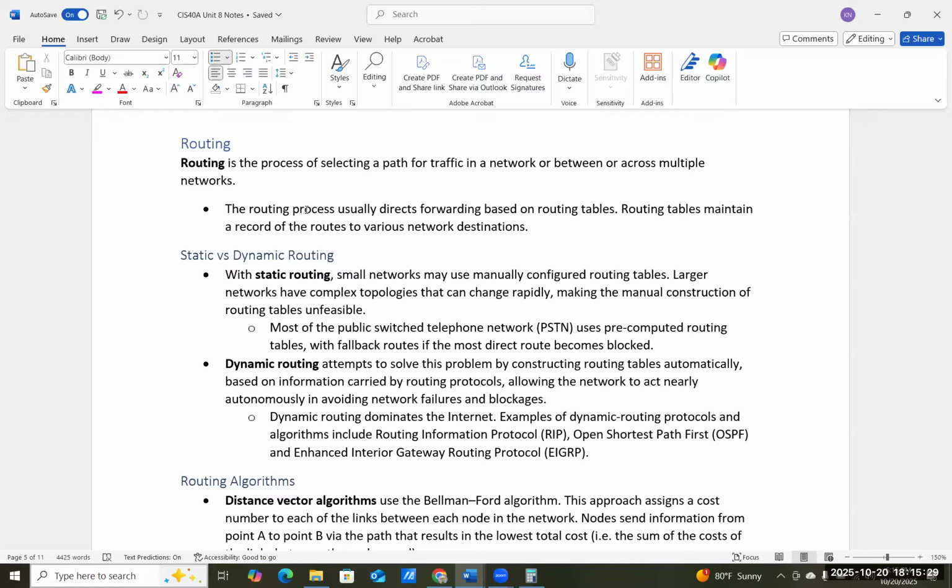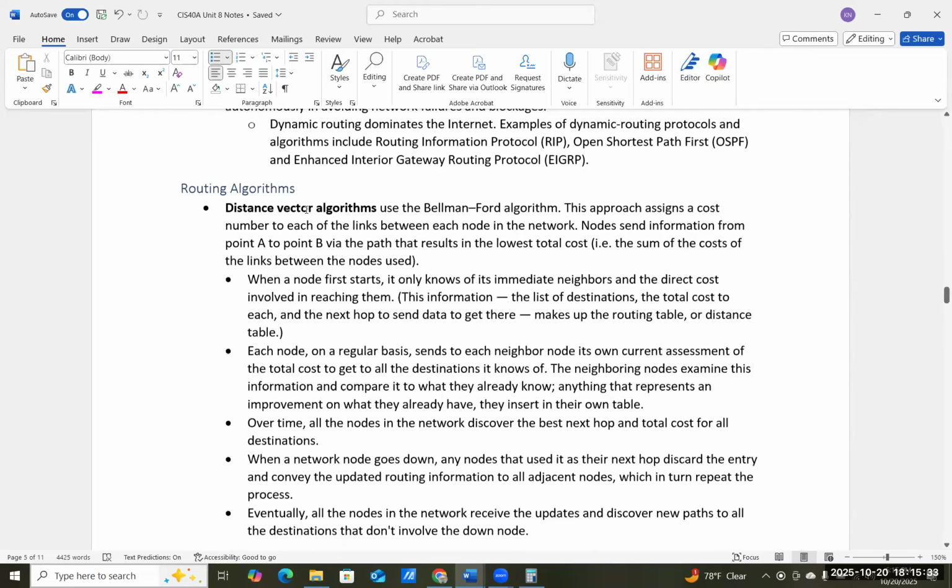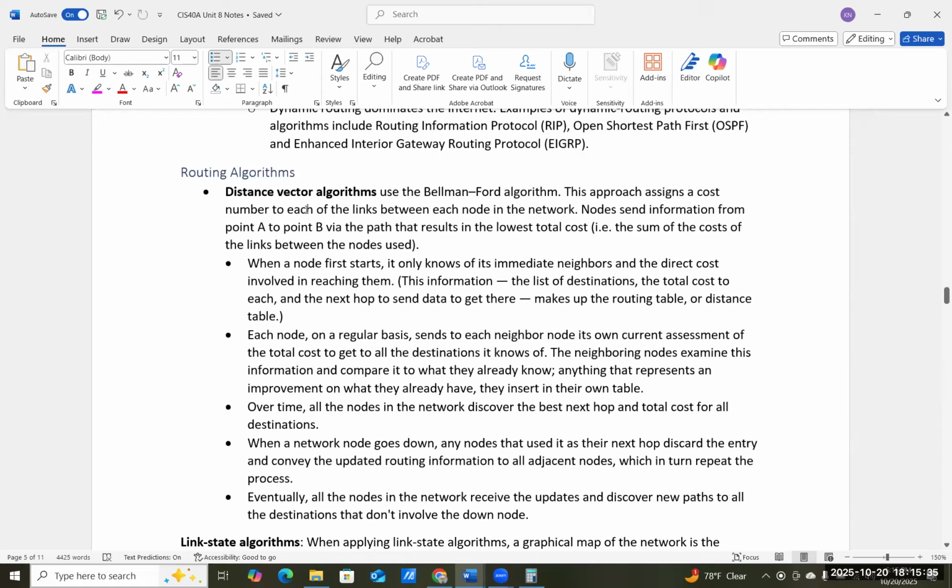Okay? So let's talk about distance vector, which is for the next question. So the distance vector algorithm, this is also known as the Bellman-Ford algorithm. This is going to be designed based on cost. So I do this in a manual way with my discrete structures class where you look at the vector. So let's think of it this way.